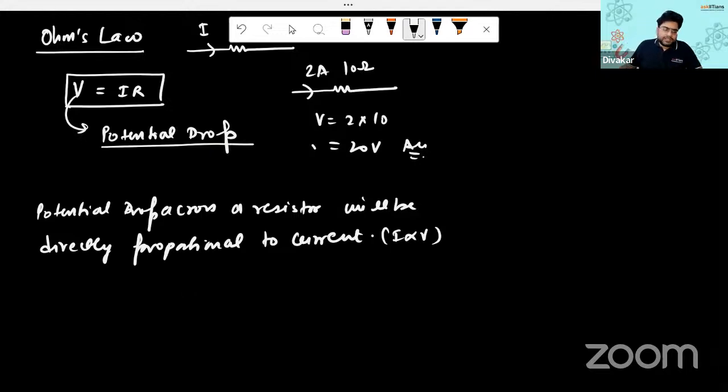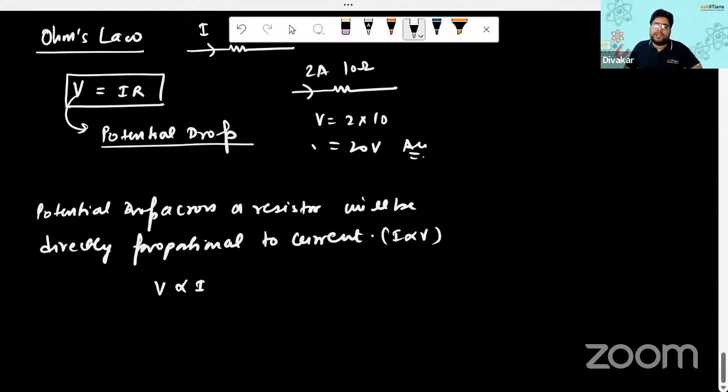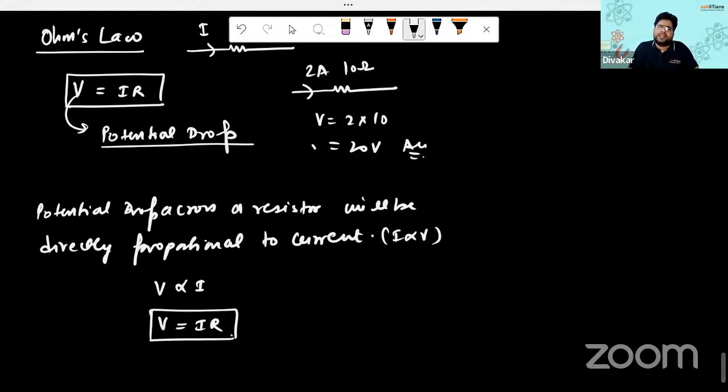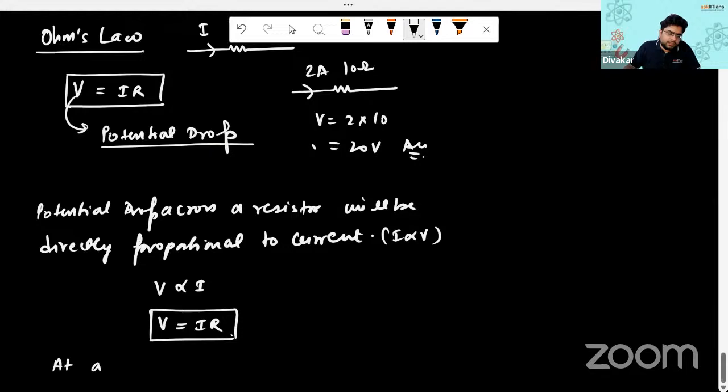But in your textbook, it says V is proportional to I, and whenever you remove proportionality, you have to introduce a constant, and that constant here is the resistance. So is it the same thing? Yes, just written in a slightly different way. So Ohm's law says potential drop across a resistor will be directly proportional to current at a constant temperature.